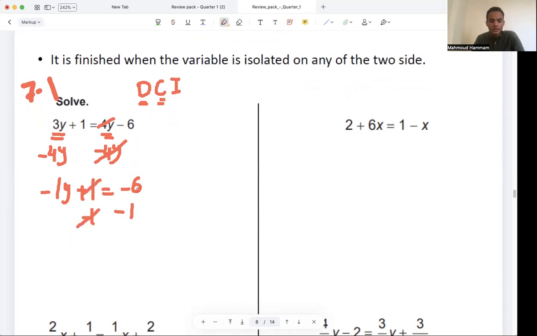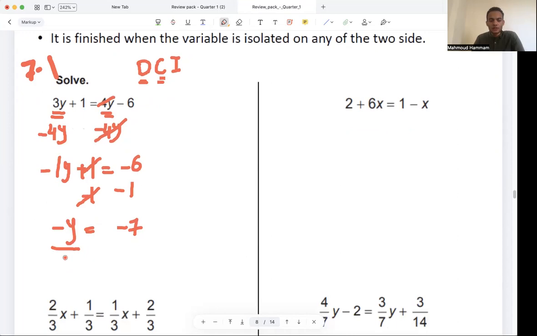The ones will cancel. Negative 6, negative 1, add, negative 7 equals negative y. The last step, divide by negative 1 left-hand side, divide by negative 1 right-hand side. Why did I divide by negative 1? To get rid of this negative sign. So now you have y equals 7.